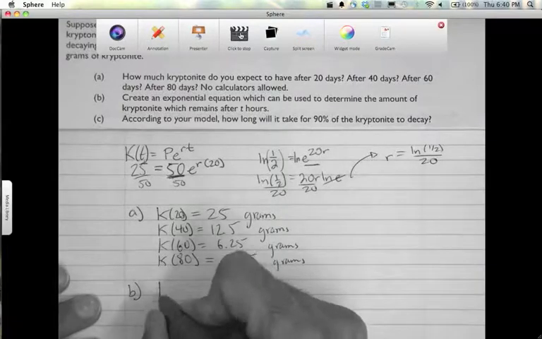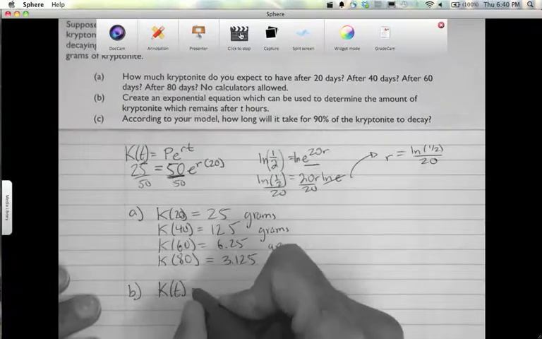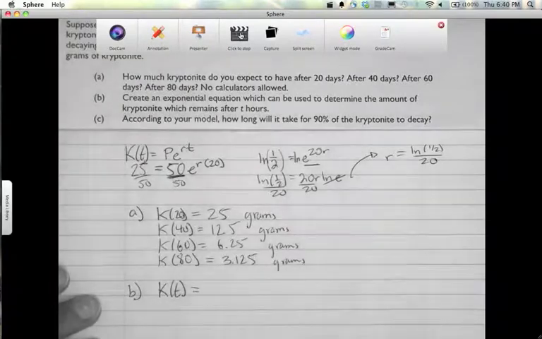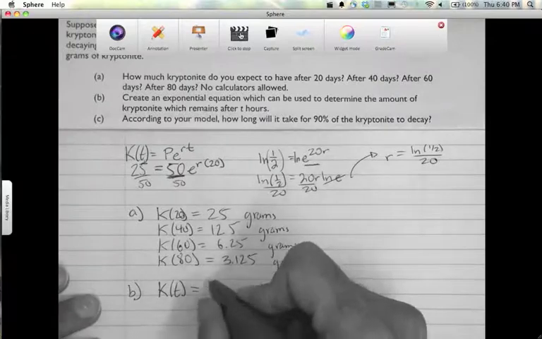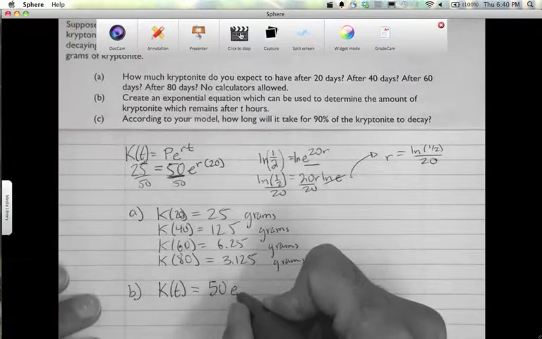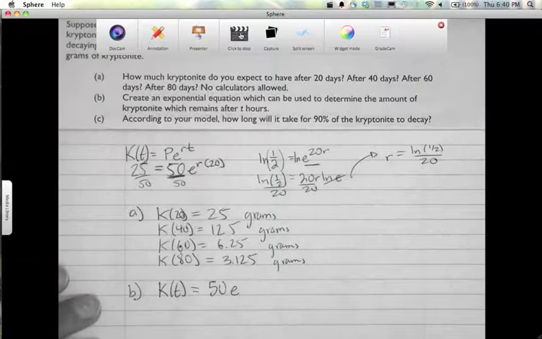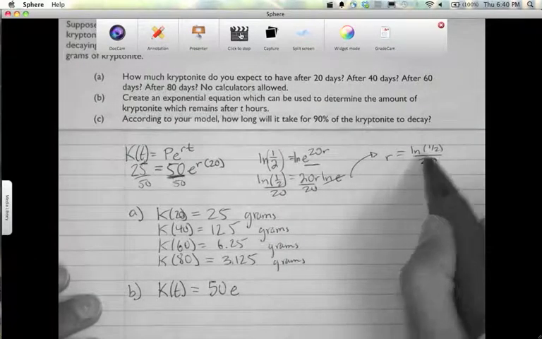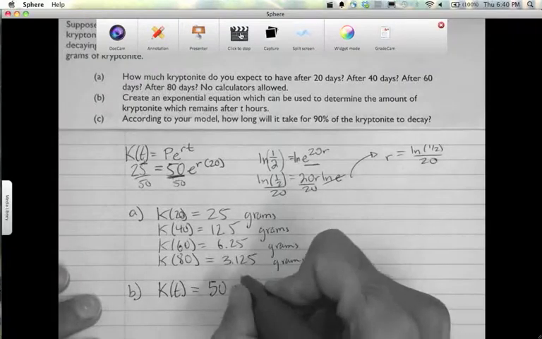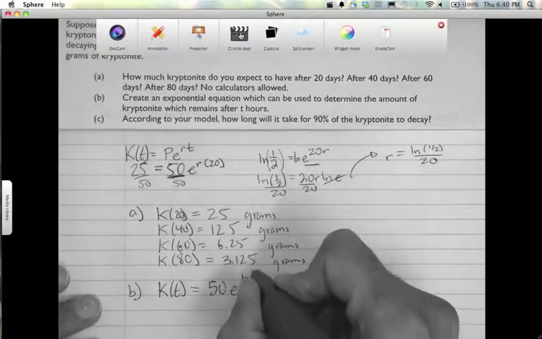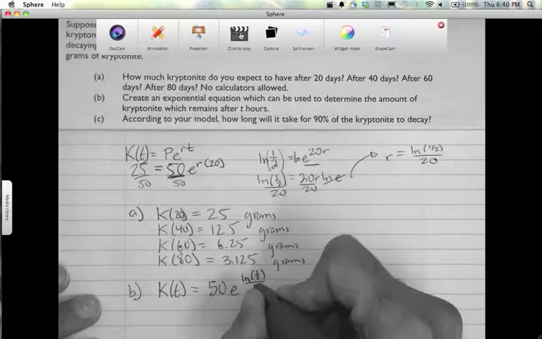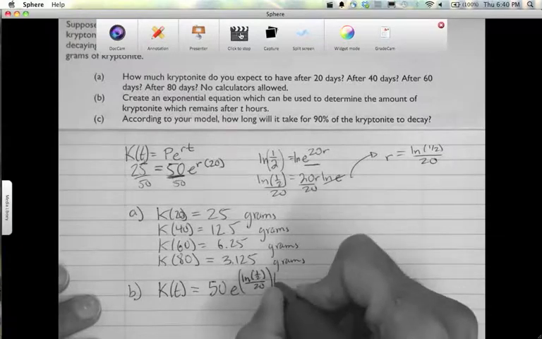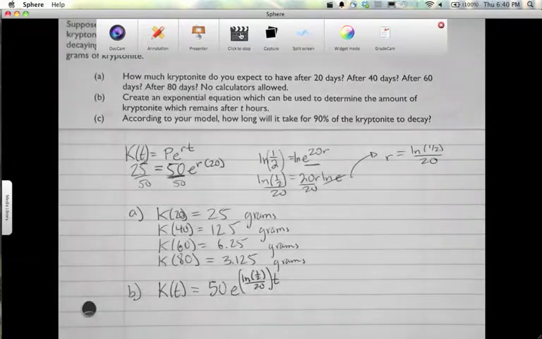So the kryptonite at time t in days is equal to 50, that's how much we started with, e, because that's an example of continuous compounding, and then the rate we found. So I'm literally going to write that in there, ln of 1/2 over 20 times t. That whole thing is an exponent.